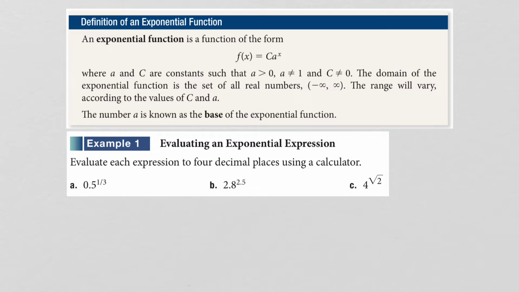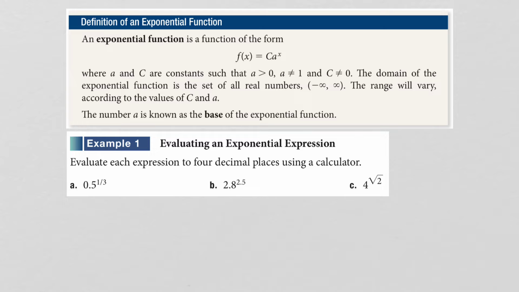The domain of this function is all real numbers, and the range will vary depending on the values of c and a. Now, one thing about these constants is the constant a must be a positive number. So we are only going to be raising positive numbers to powers, but the number c could be positive or negative. The number a is an important number, and it's called the base of the exponential function.